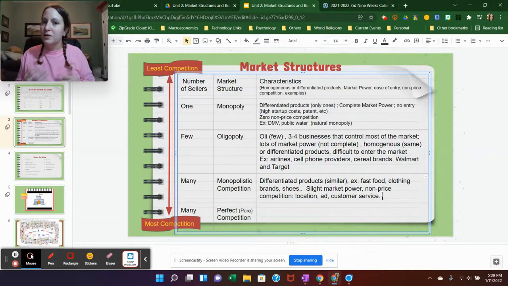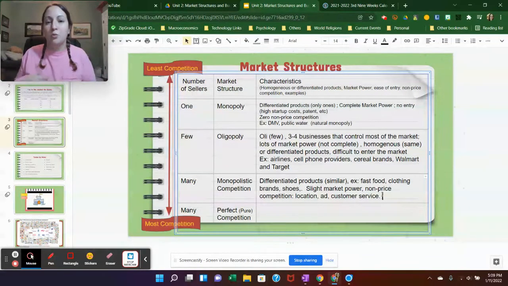So they're going to be really competitive. They're going to be lowering the prices as well. They're going to be doing some price competition. But when it comes to non-price competition, this is where you're going to find really good examples of non-price competition, and really easy to enter the market. When it comes to how easy it is, it's easy to enter.